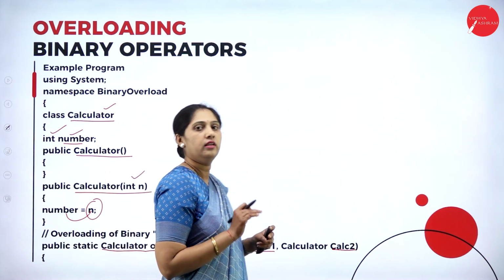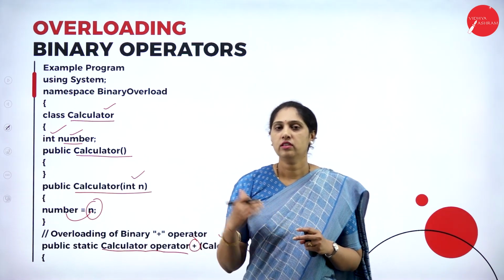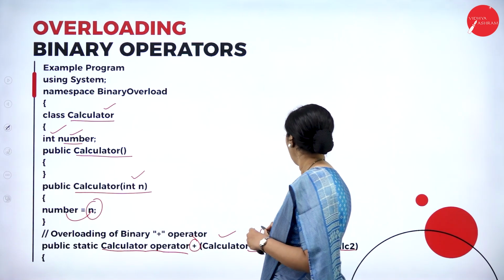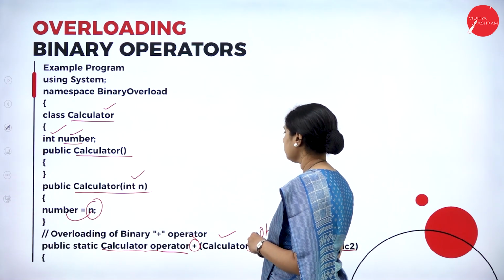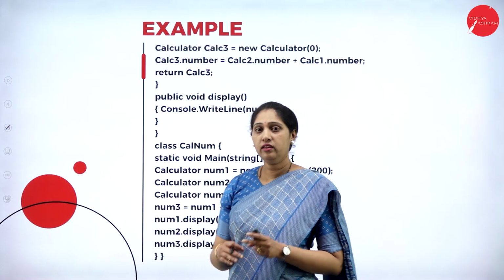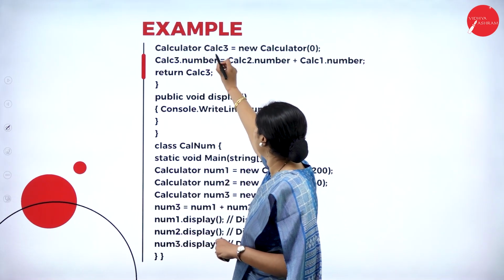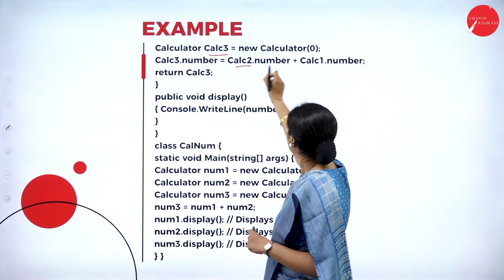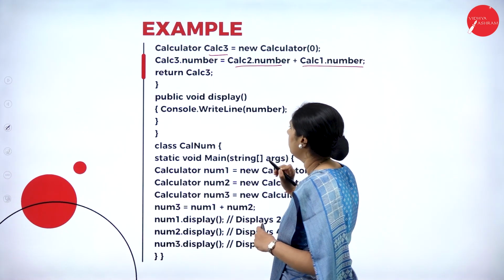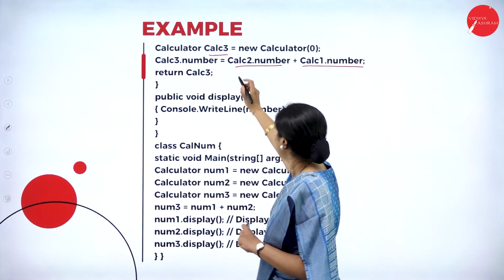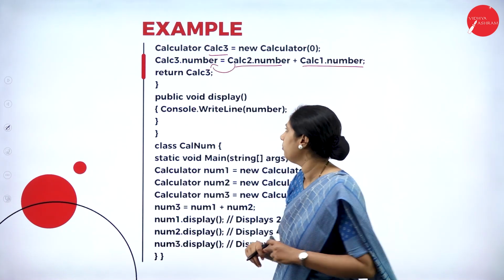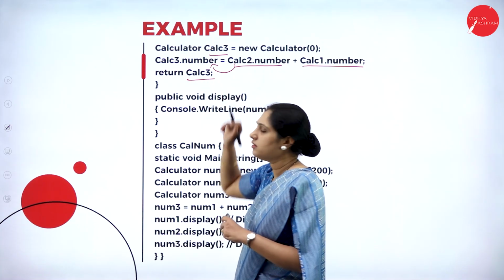I've already told you, here we'll do the operation with the objects, so I've taken the objects directly. Next, we have taken one more object, calc3. Now what we have to do is add calc.number plus calc1.number and assign it to calc3.number. Then we'll return this calc3.